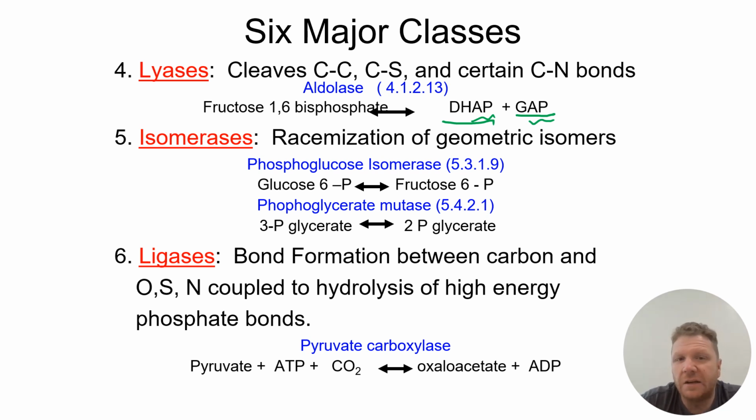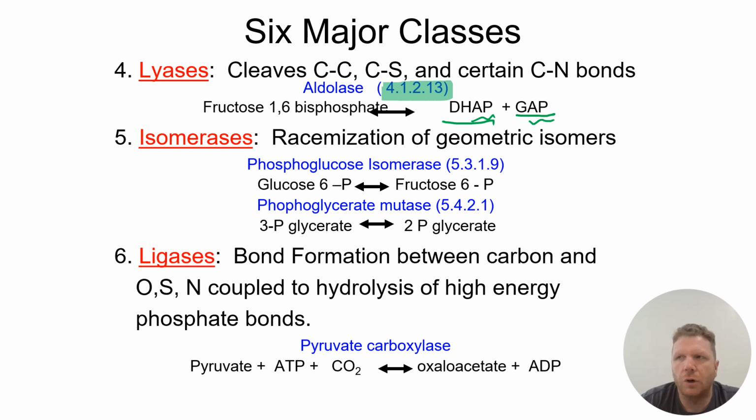What makes lyases different, and this specific lyase different from our previous class, is we didn't have to have water involved in this reaction. An aldolase, the enzyme aldolase, has the numbering scheme 4.1.2.13. That 4 indicates that it's a lyase. And in this case, we're cleaving a carbon-carbon bond.